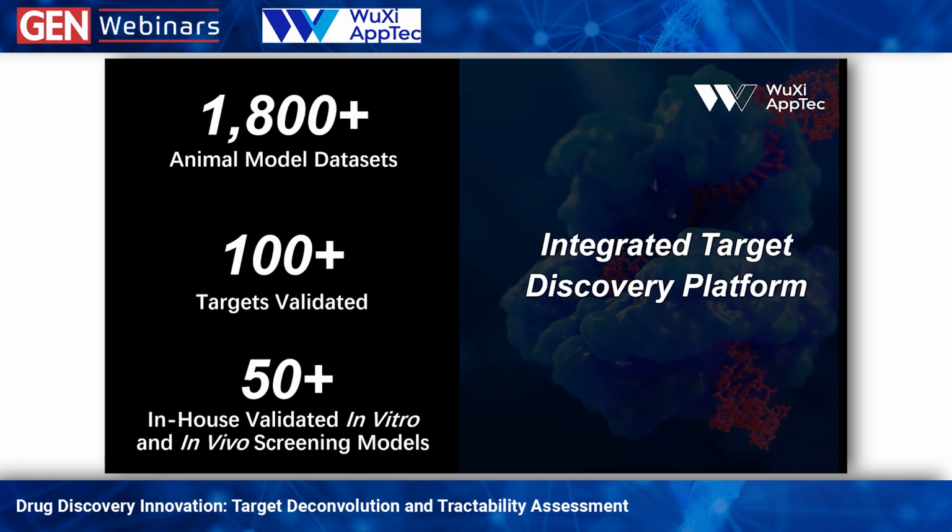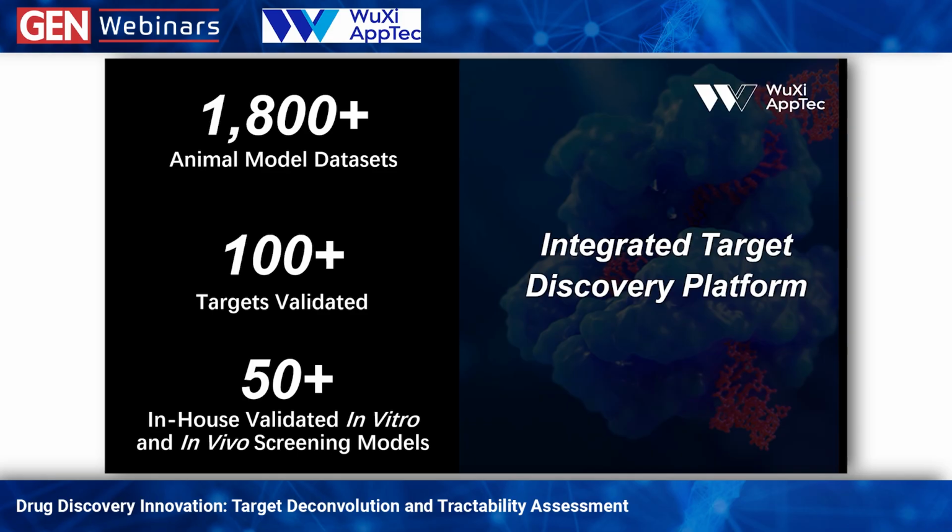Before we run into the details of our platform, let's take a look at some of the highlights of our integrated target discovery platform at WuXi AppTec. Within the WuXi AppTec target discovery platform, we already have more than 1,800 different animal model data sets.